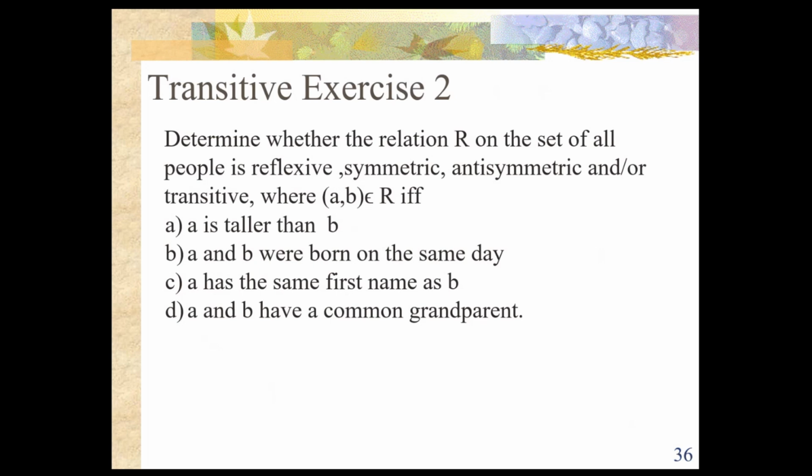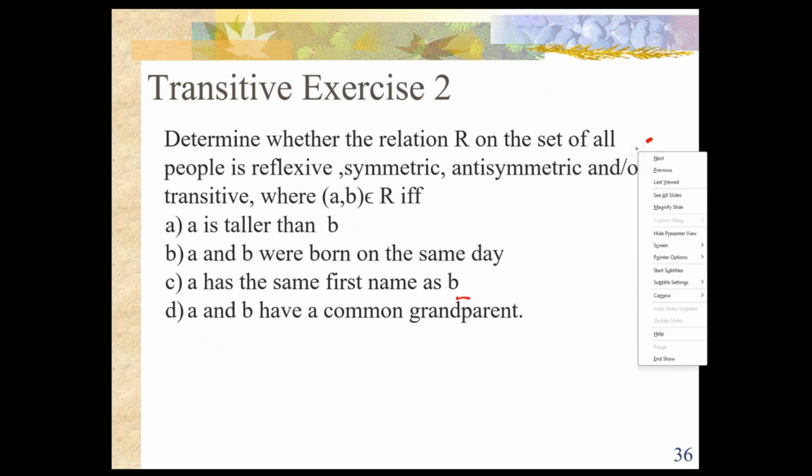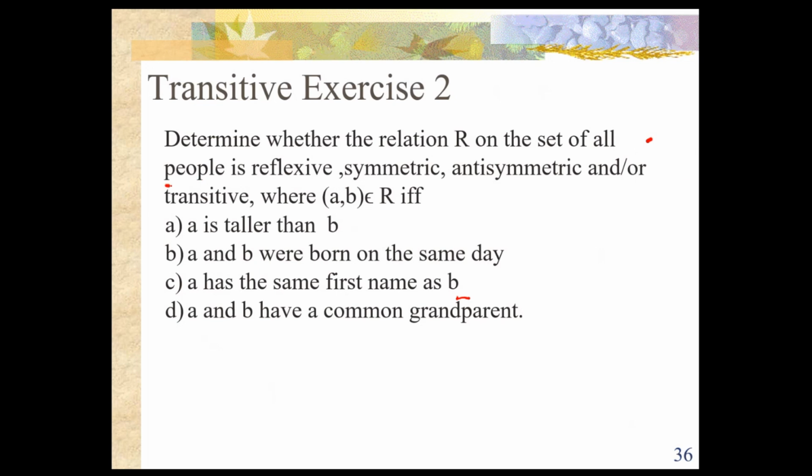This exercise is interesting because instead of working with numbers, we are working with some daily life context. For example, A is taller than B, assuming A and B are people. The relation R is the set of all people that you can imagine.